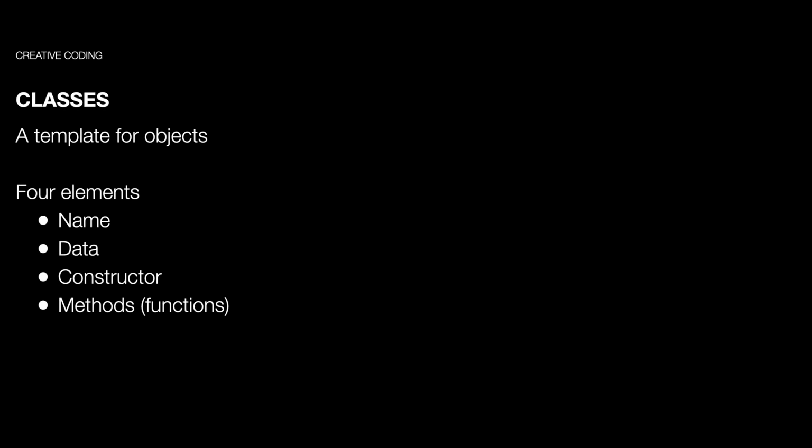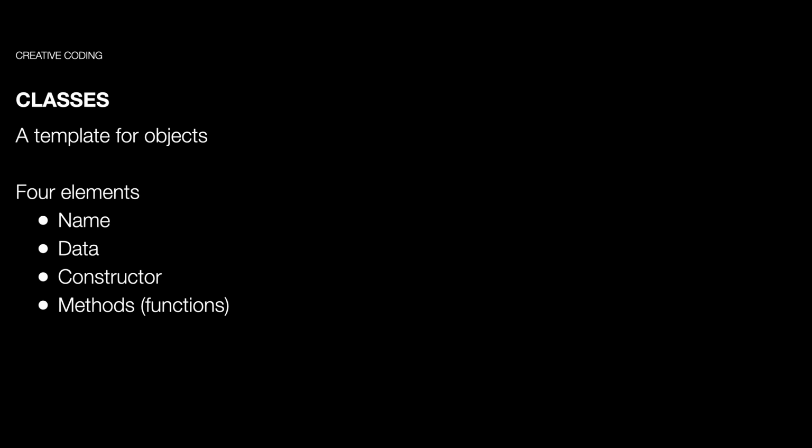In Processing, the way we're going to create objects is by creating a class. And a class, one way to think about it, is a template for objects. Sometimes thinking about it as a cookie cutter could be helpful. I like to think of it like an assembly line or a factory, a means of production.